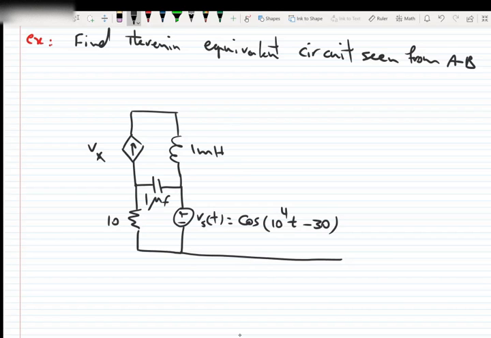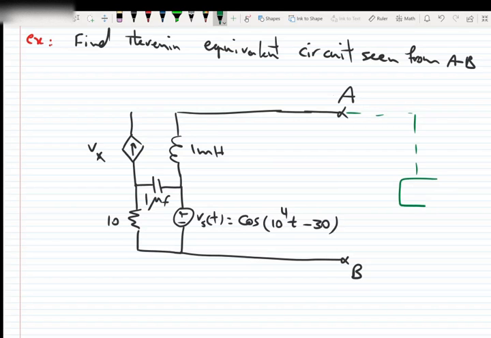And point A, point B, and let's say we have, for example, Z load here. So we want to find the equivalent seen from point A and B. Okay.